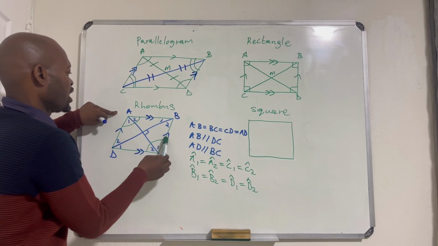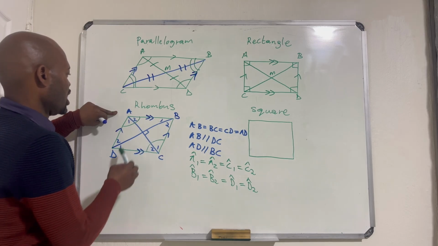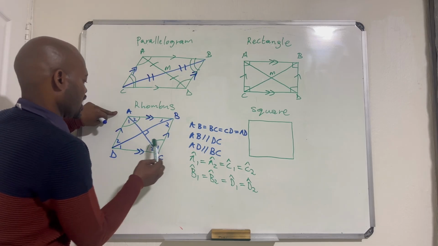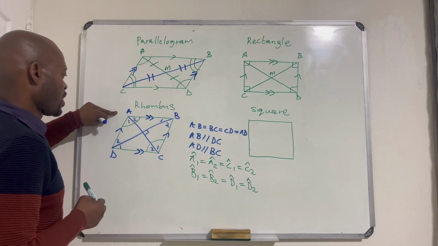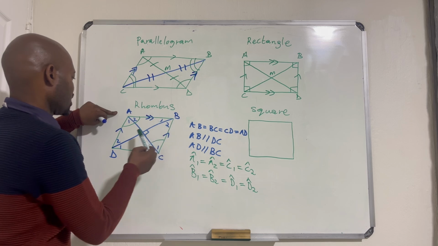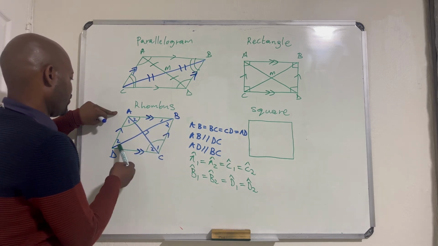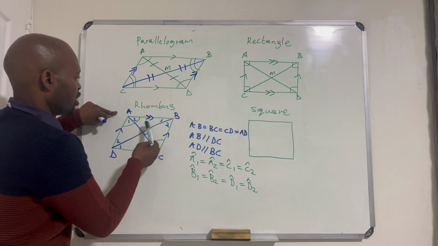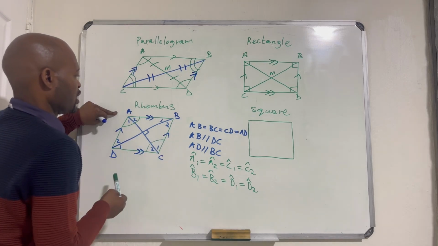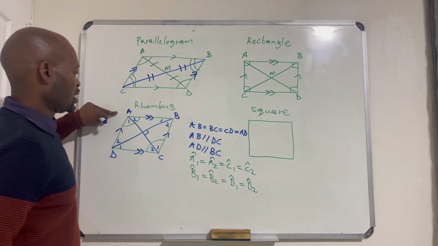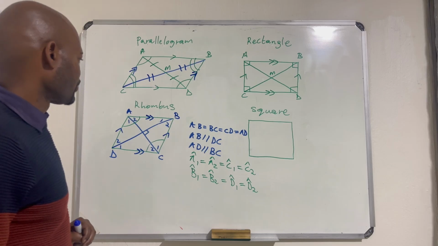Since this angle is equal to that angle, it means that this angle is equal to this angle, which is equal to that angle. Even this diagonal bisects this angle and this angle, therefore this angle is equal to that angle, which is equal to this angle, since these two angles are equal.